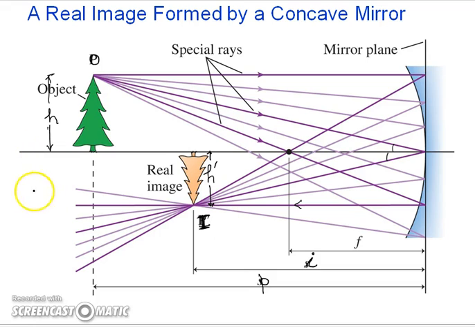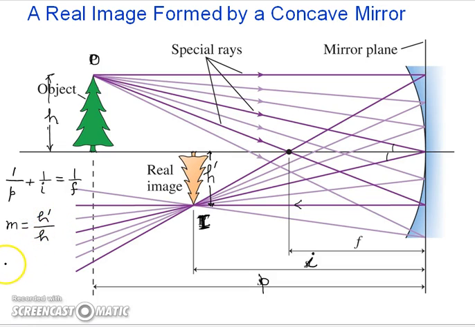A couple of formulas we need to remember here. One is 1 over p plus 1 over i equals 1 over f: 1 over the object distance plus 1 over the image distance is equal to 1 over the focal length. Second, about the lateral magnification, m is equal to h prime over h. If h prime and h are equal, there's no magnification, or a magnification of 1.